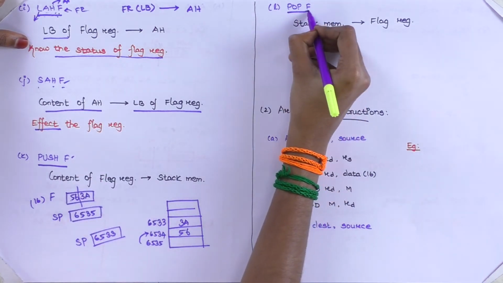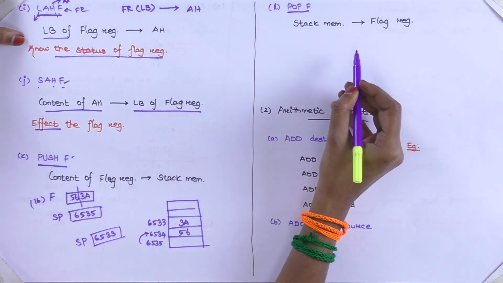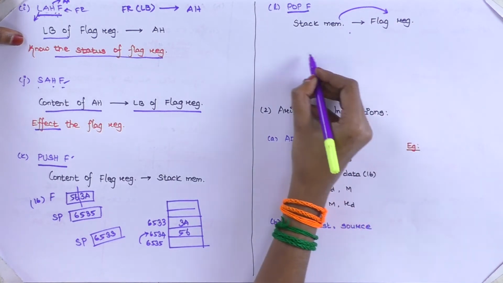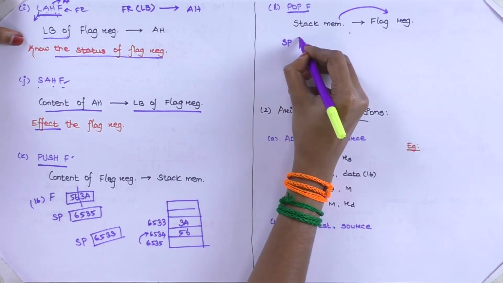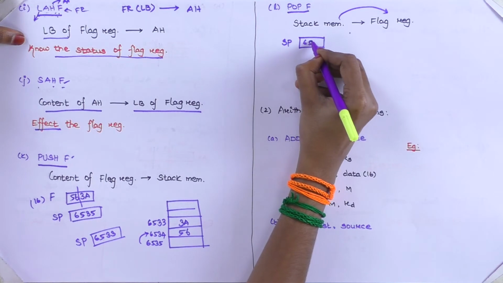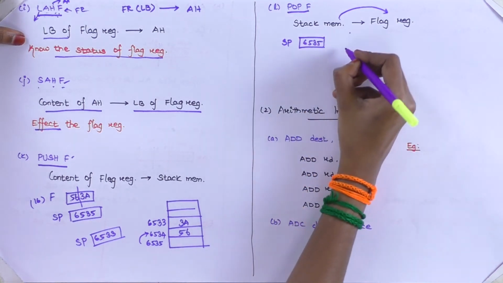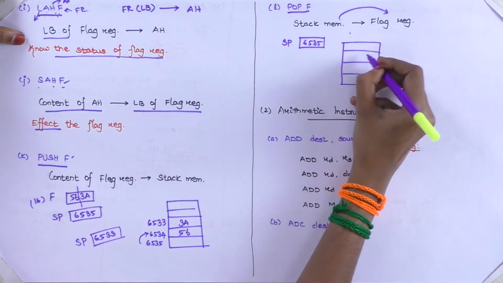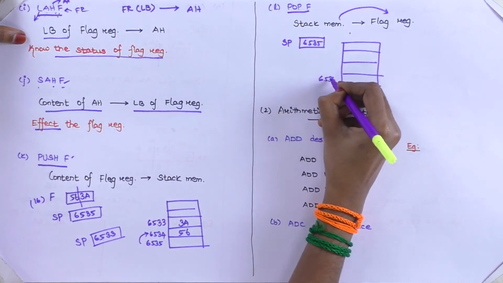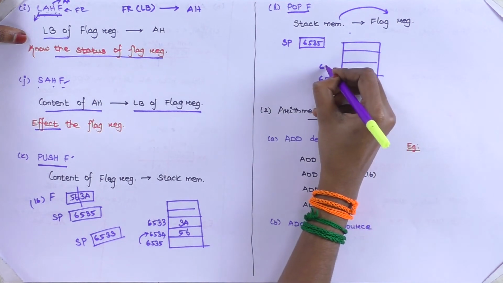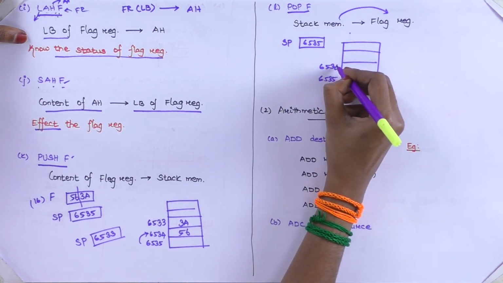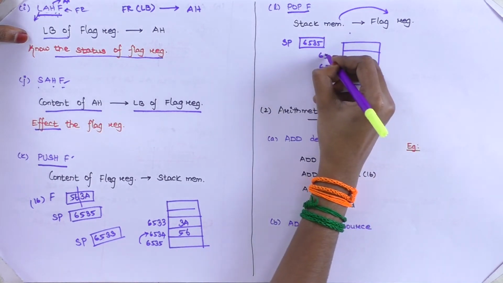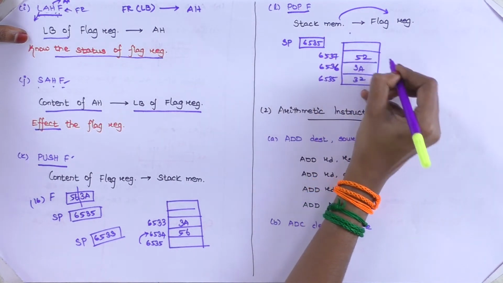Next is pop flag register. Here, from the stack memory we store the value into the flag register. Taking the same example, 6535 is the stack pointer. 6535 has the value 32, 6536 has the value 3A, and 6537 has the value 52.